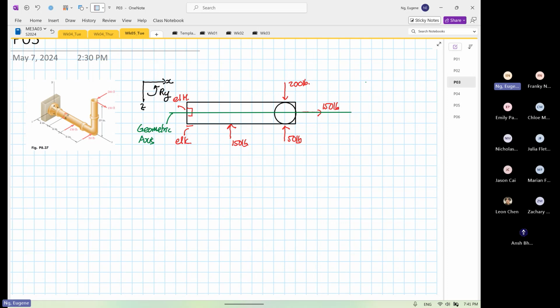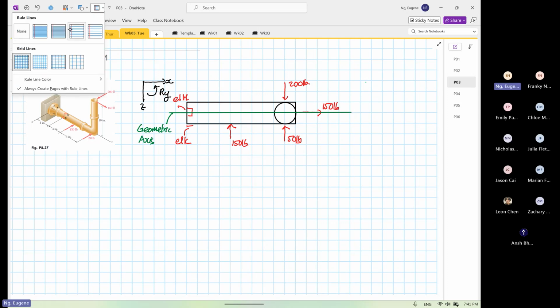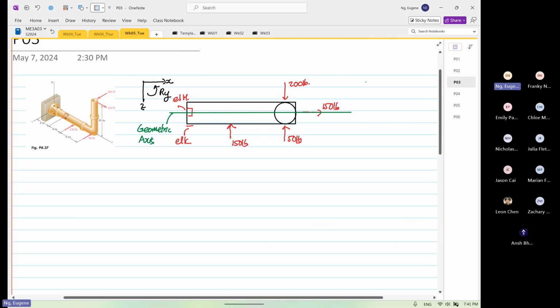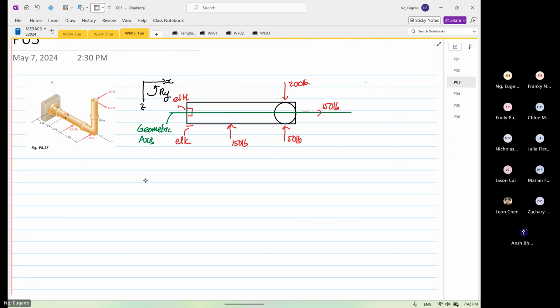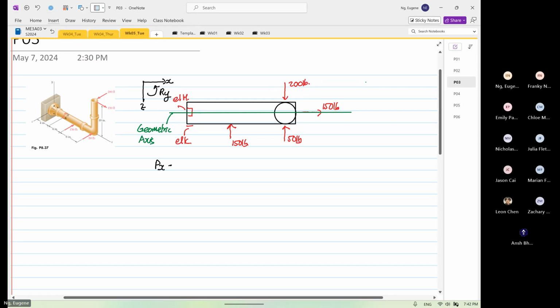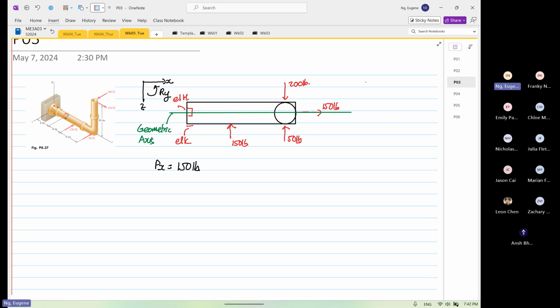Right, so the first thing that we can immediately identify is Px, right? We can almost immediately identify Px is equal to 150 pounds, right?